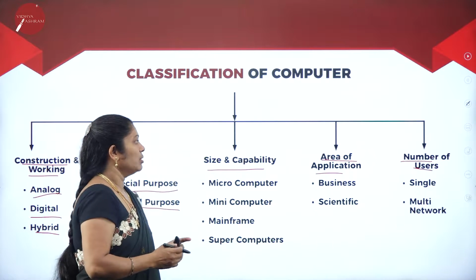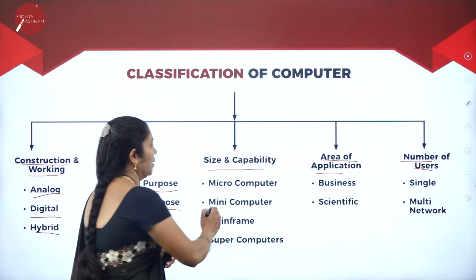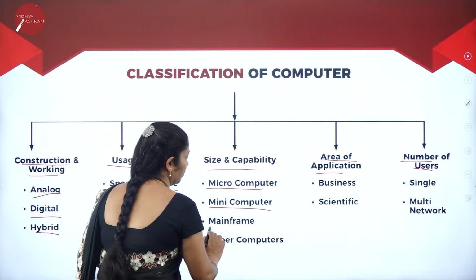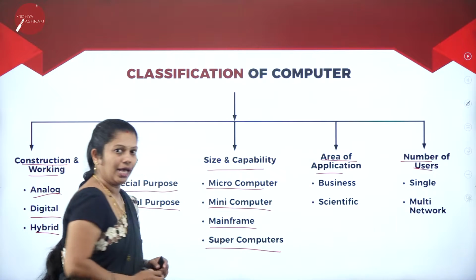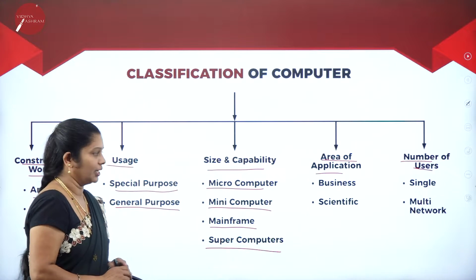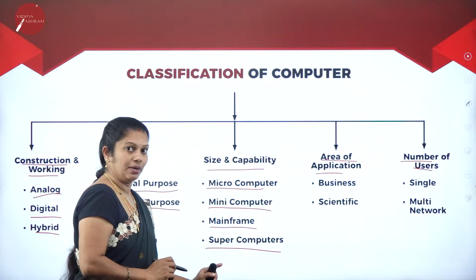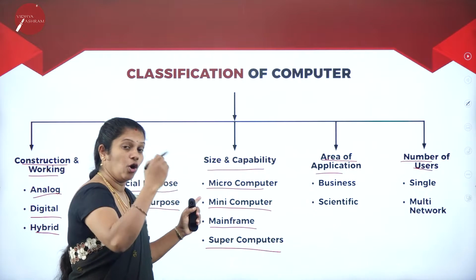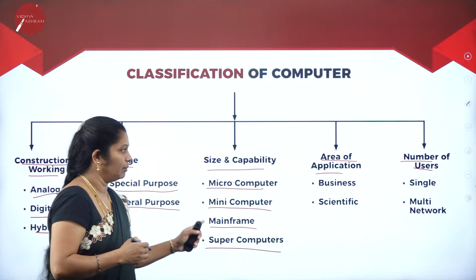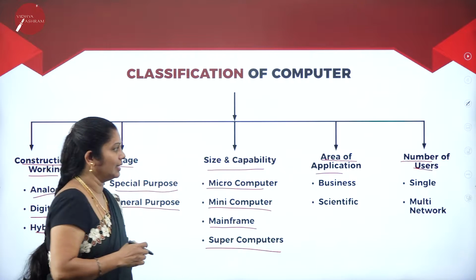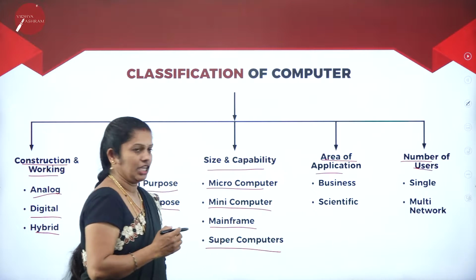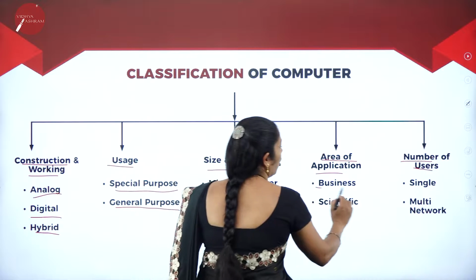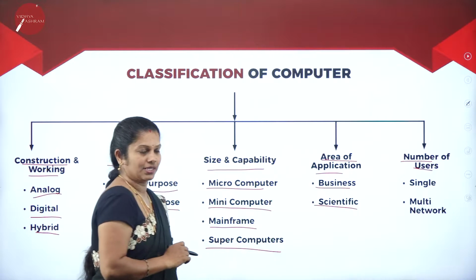And when they come on size and capabilities, they're microcomputer, mini computer, mainframe computer as well as supercomputer. That is, how many persons can use it and how many operations we can perform, that is size and capabilities. Then area of application, whether it is for business purpose or for scientific purpose.